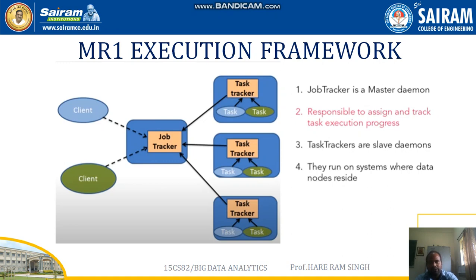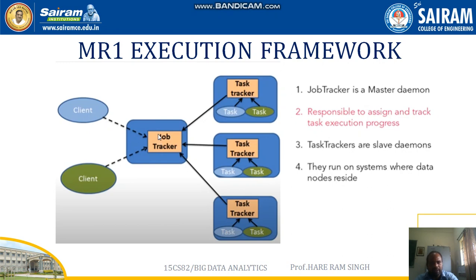First of all, it receives the job from the client and allocates it to an available slave node, and once the task is done, it will intimate the client and provide the solution to the client.